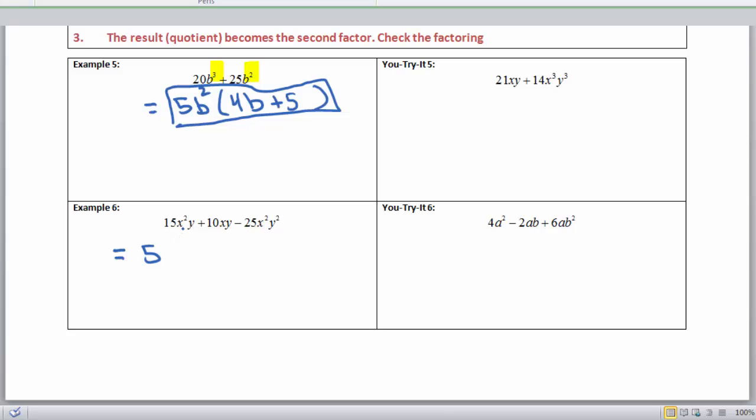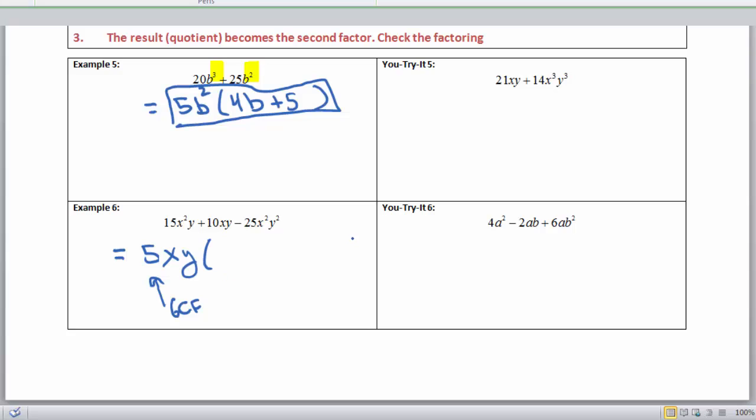What's the highest power of x that will go into x squared, x, and x squared? Again, you take the lowest power that you see, so it's x. And then what's the biggest power of y that will go into y, y, and y squared? Again, lowest power that you see is y. So 5xy is the GCF in this case. So that's my first factor.